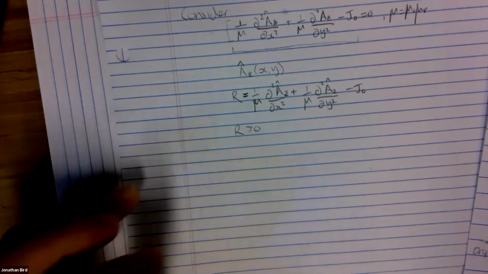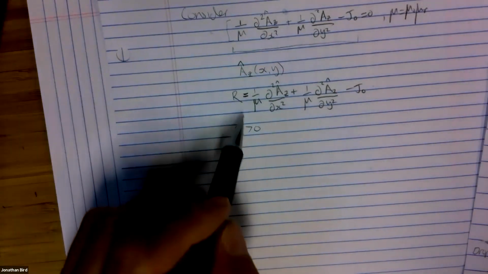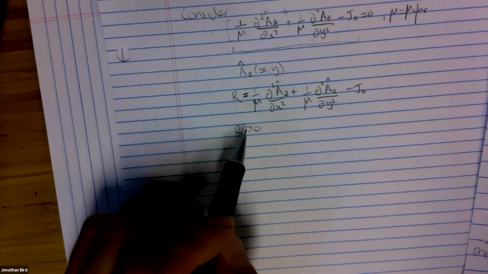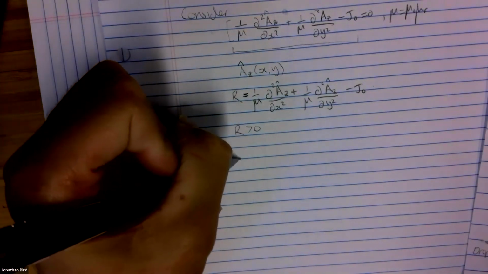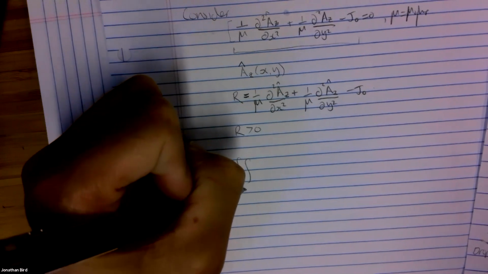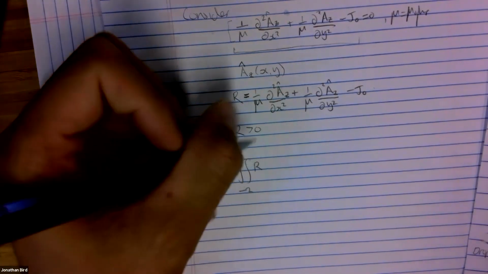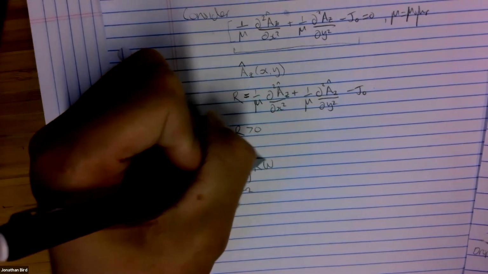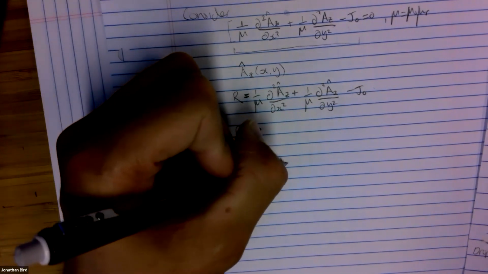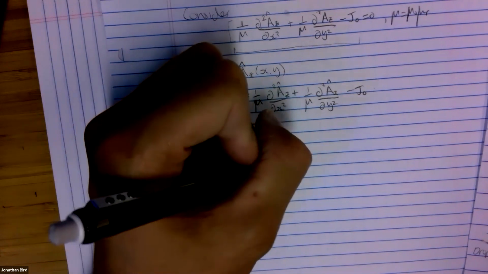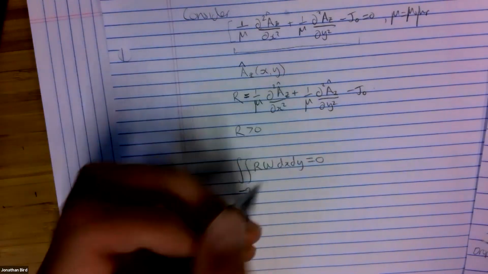And so then you multiply this residual by a weighting function and integrate over the problem domain. So instead of being 1D, it's 2D. So you'd have the residual, you multiply it by the weighting function, and then you integrate it over the problem domain.